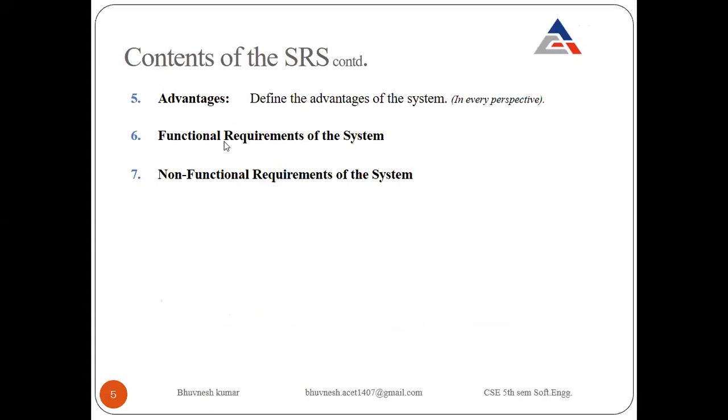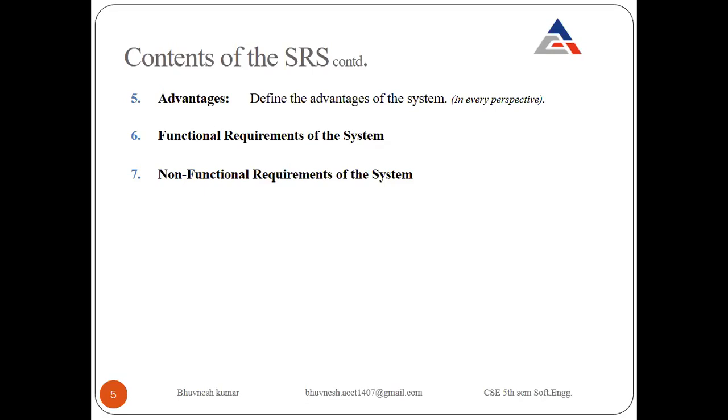Okay, then the functional requirements of the system and non-functional requirements also. Okay, I have explained functional and non-functional requirements in my previous lecture. There is a slide on the difference between functional and non-functional.